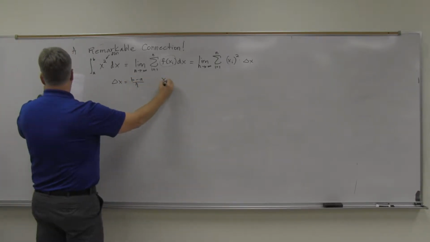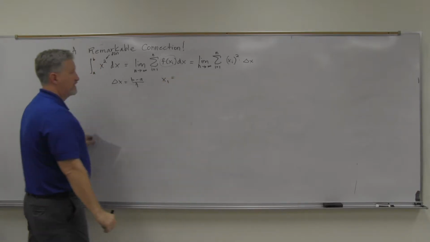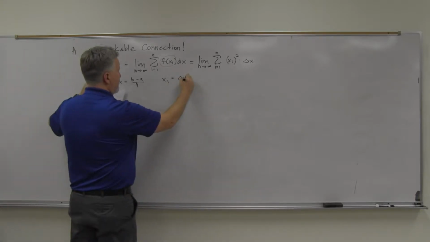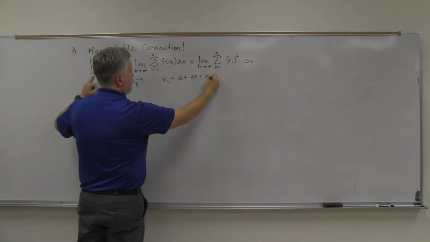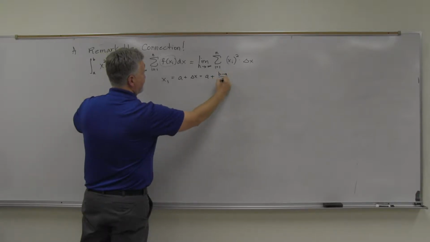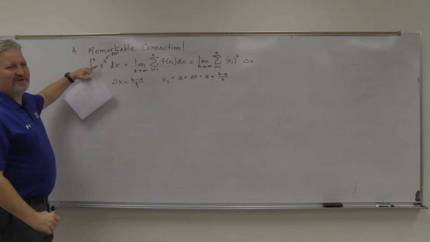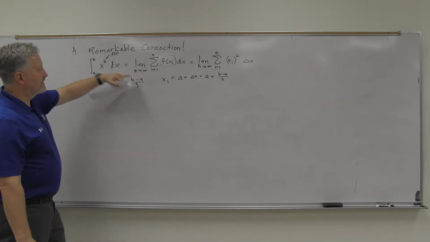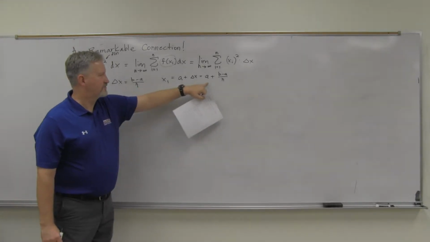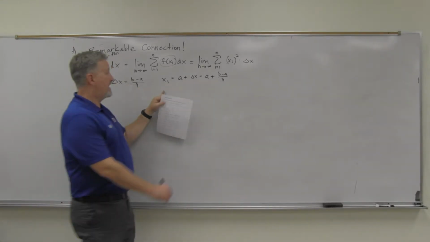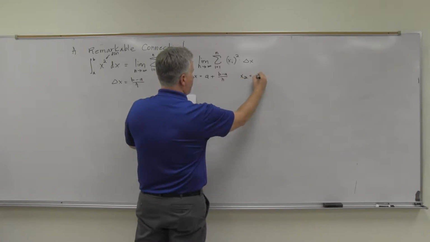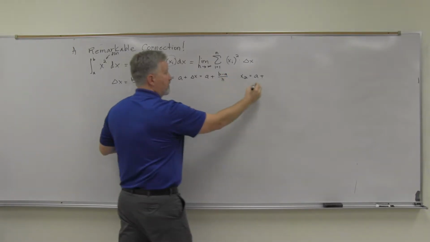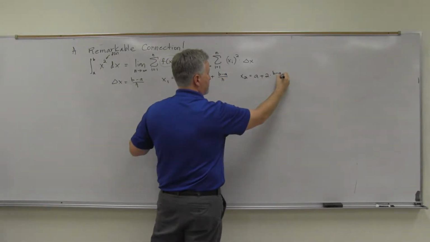And so x sub 1, we're starting at a, so x sub 1 is the next one over. We would take a plus the delta x, and so that would be a plus b minus a over n. We're just doing a and b in general here too, but that's okay. So a plus delta x would just be a plus this b minus a over n. x sub 2 then would be a plus b minus a over n plus another b minus a over n, so I'm going to have a plus 2 times b minus a over n.